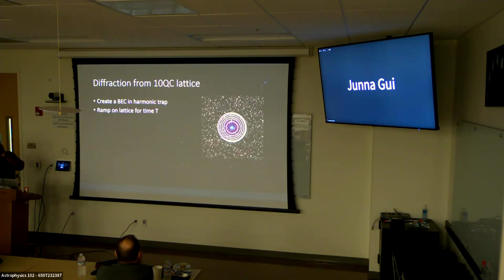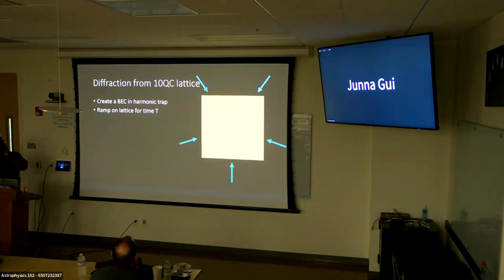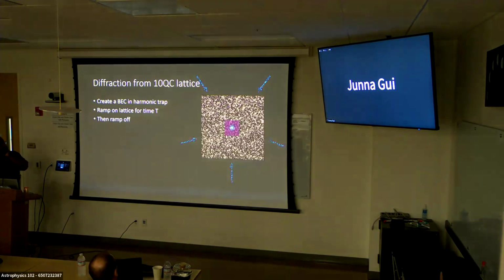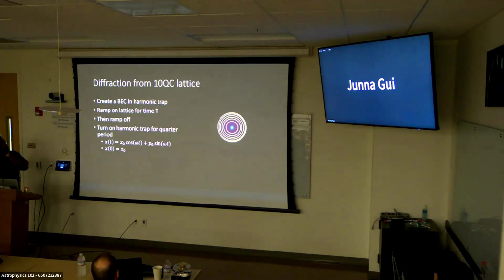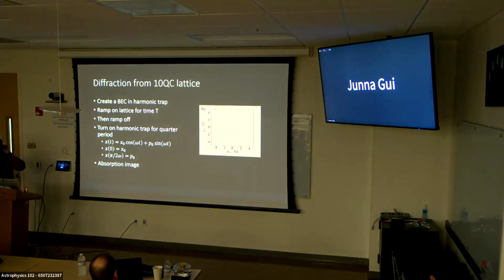Now I have a BEC. Okay, I'll ramp on the lattice for some amount of time. Then I'll ramp it off. I turn on some harmonic trap for a very particular amount of time. This is a detail that I don't need to rely on, but for the experts, this is momentum space or matter wave focusing. This will give us a momentum space image of our atoms.